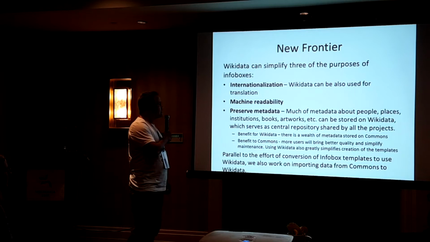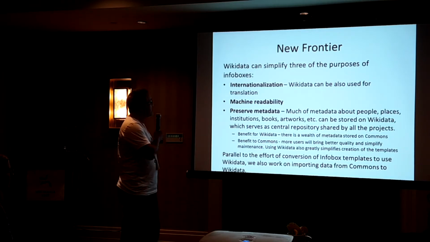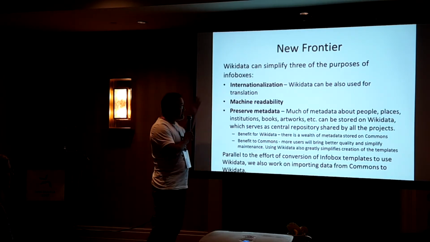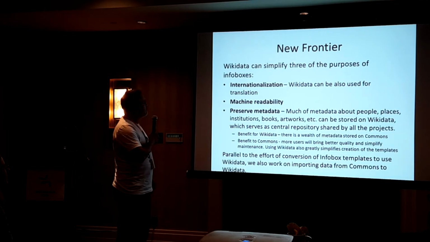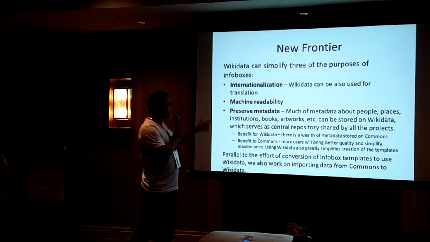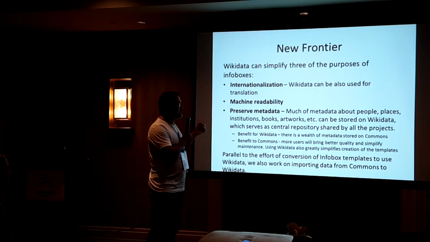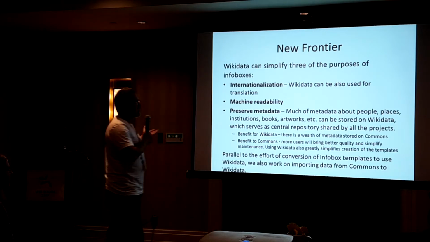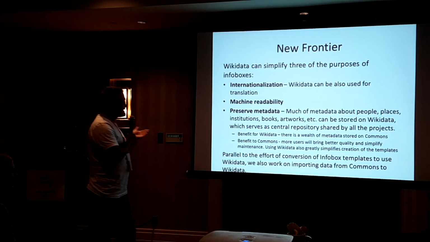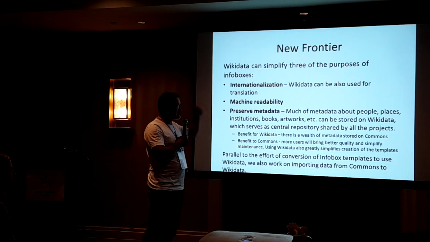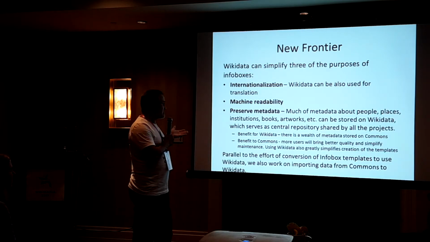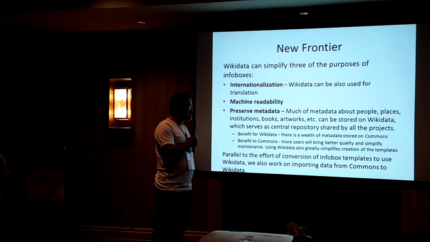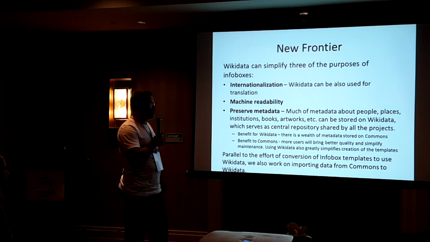It's much simpler and much less to maintain. Machine readability definitely helps. And preserving metadata. Much of the metadata about people, places, institutions, books, artworks can be stored on Wikidata, which really serves as a central repository for all the projects.